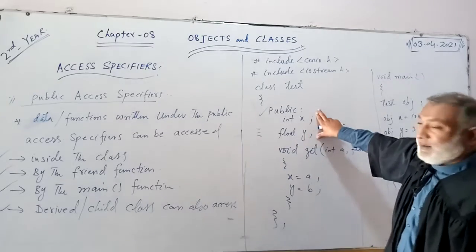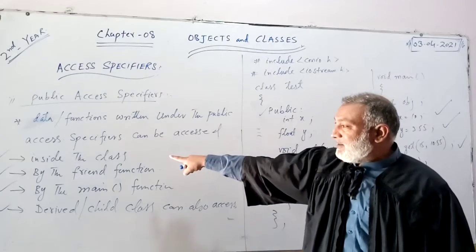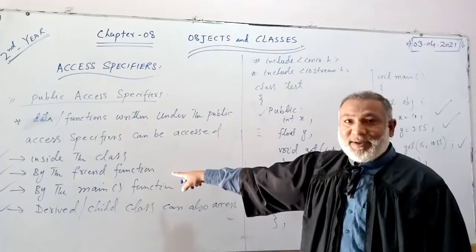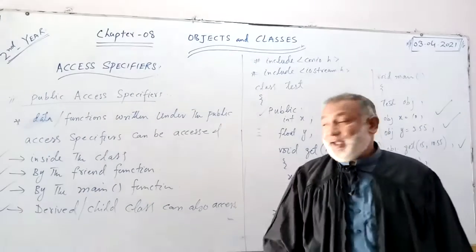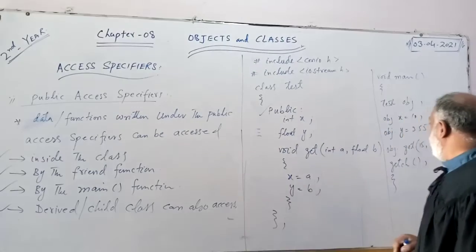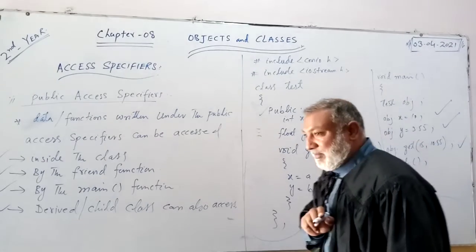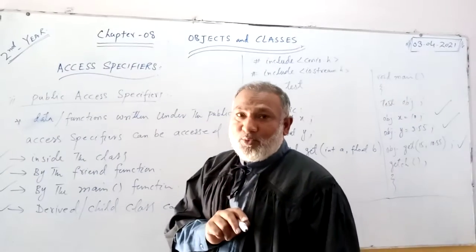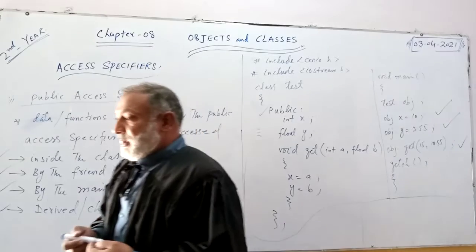Why? Because everything is public. If everything is public, they can be accessed inside the class, by the main function, by the friend class, and by the derived or child class as well. So this program gives us a clear message that it can be used and accessed in the main function as well.